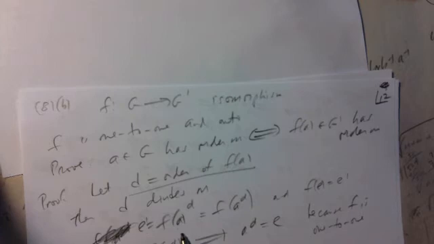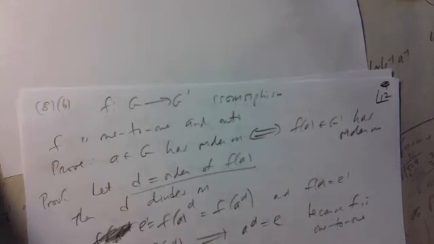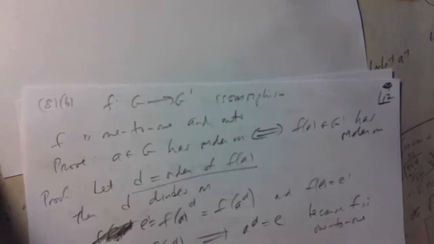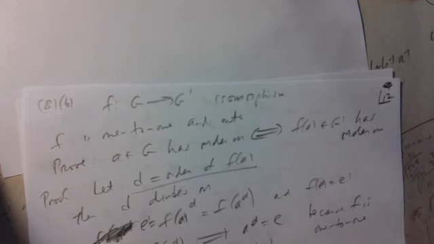If f of a to the d is the identity, but also f of e is the identity, so if these two elements, e and a to the d, both get mapped to e prime, they have to be equal. So a to the d equals e, which means m divides d, because a has order m.